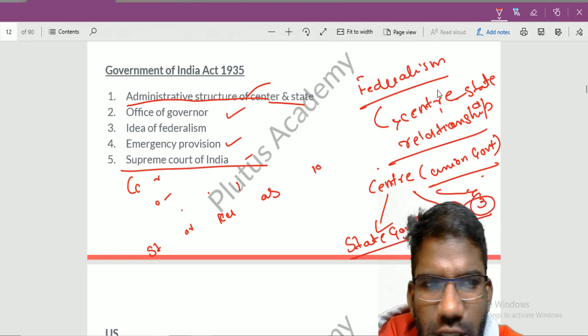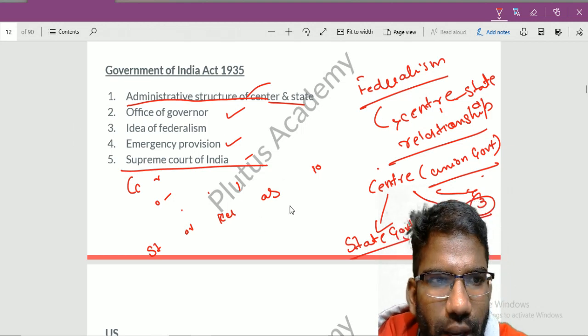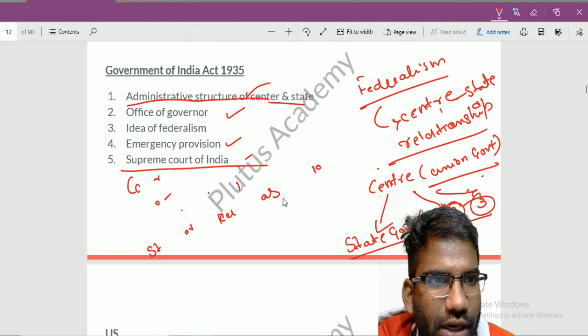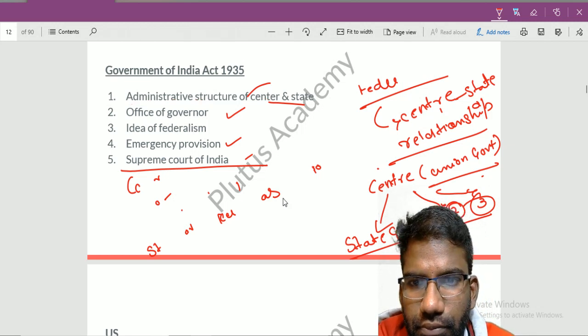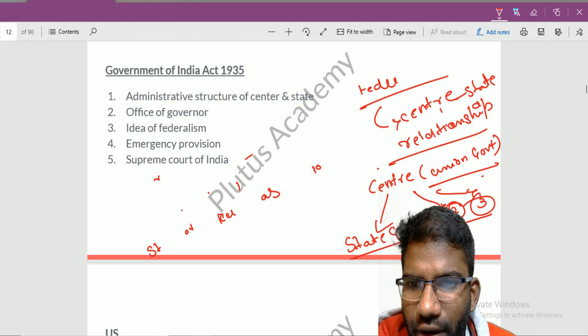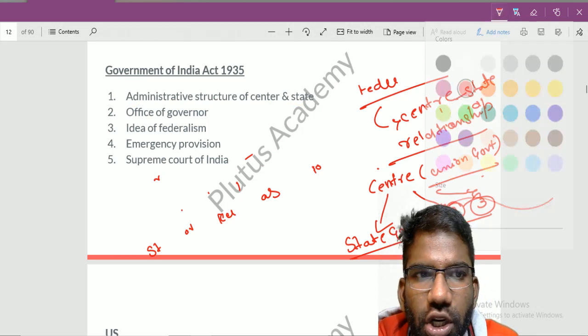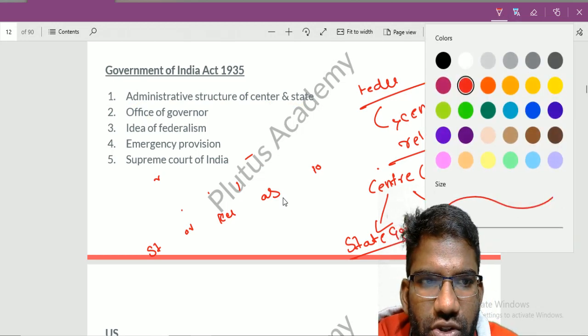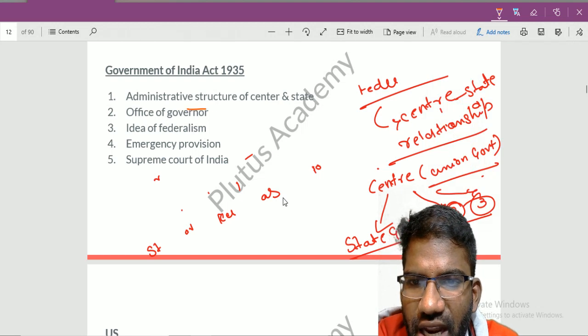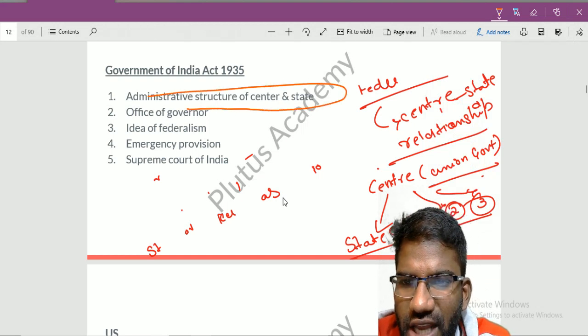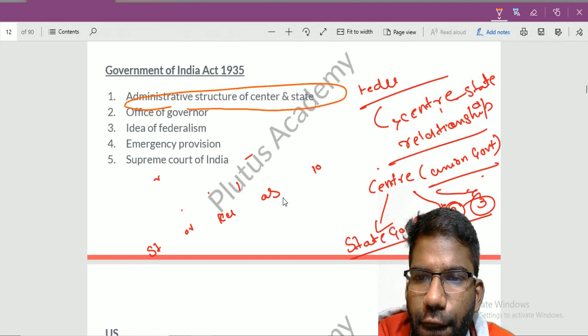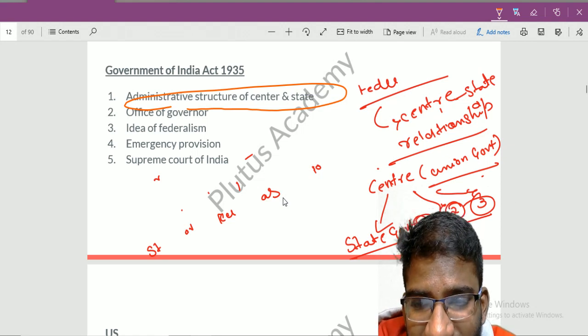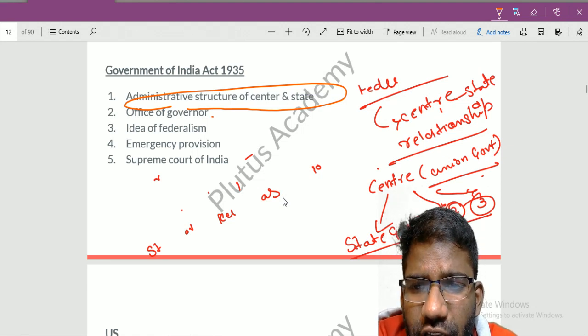Now let us once more revise what all has been taken from where. Government of India Act 1935. The first thing, administrative structure of center and state. Friends, remember this: the Office of Governor.